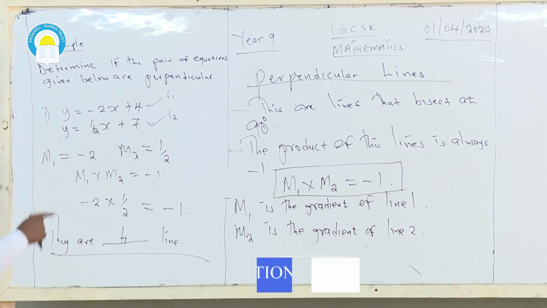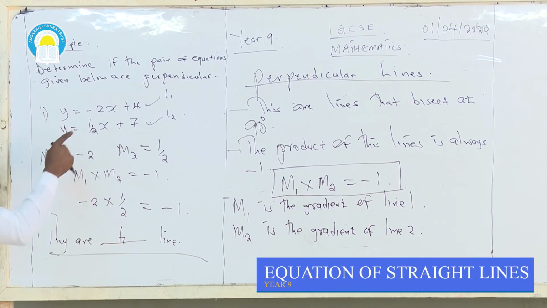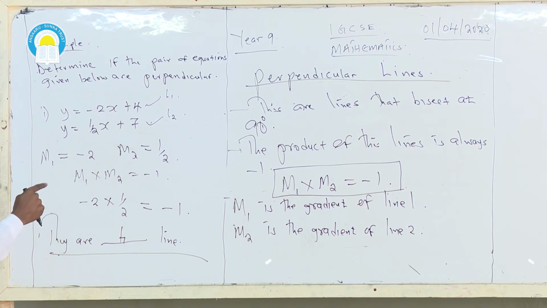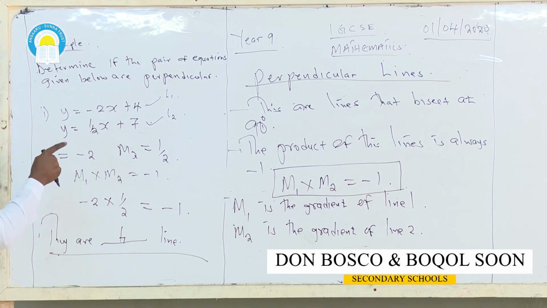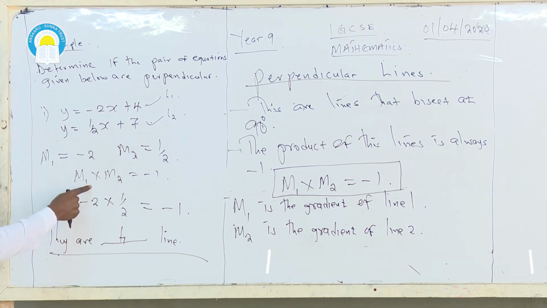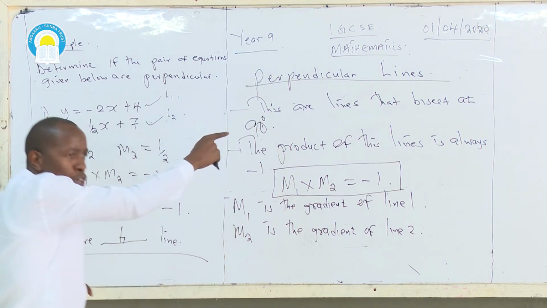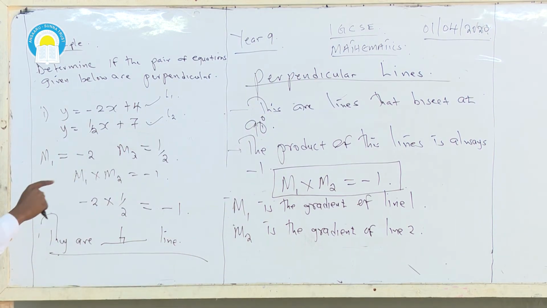Now, you need to be in a position to state the gradients from the equations for you to carry out the next step of multiplying these 2 gradients. That's why it was necessary when I was teaching you how to state the gradient and the y-intercept.